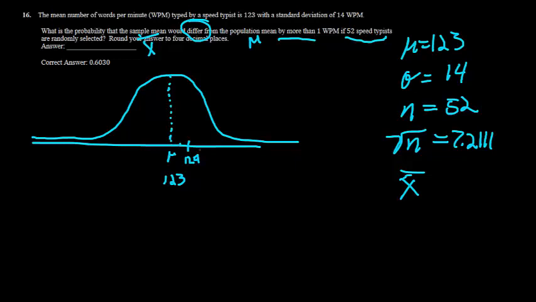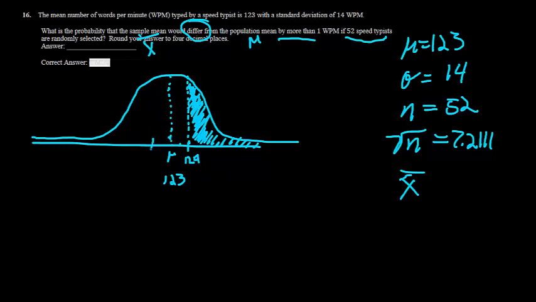Now here's the tricky part. When we look at the difference from the population mean by more than whatever, you're not looking at just the positives. You can also differ in a negative way.